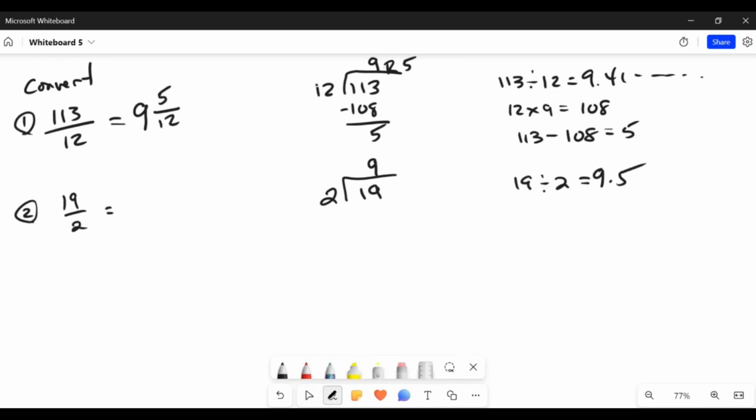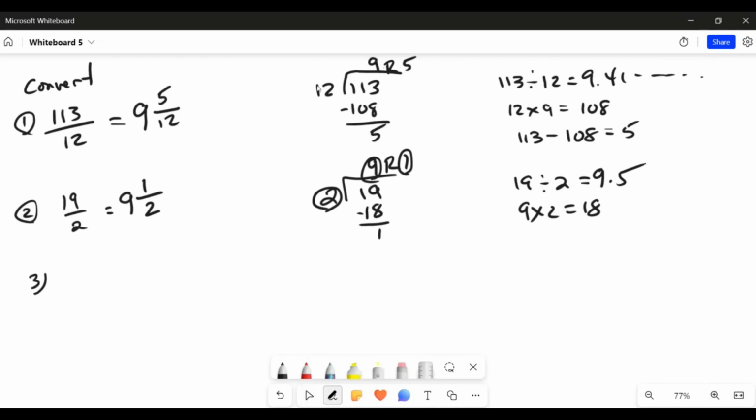Then we do that whole number part times the number outside, and we get 18. We subtract. 19 minus 18 is 1. So we have a remainder of 1. So 19 over 2 is 9 and 1/2.